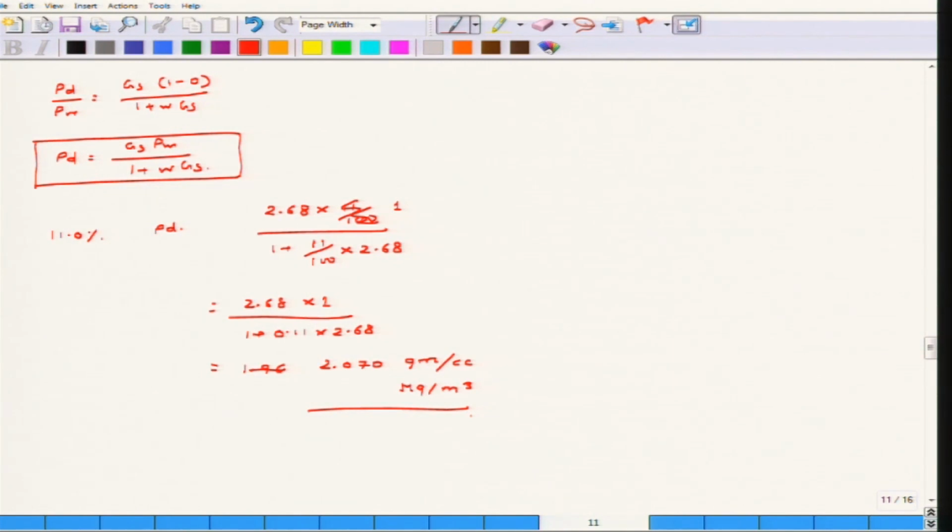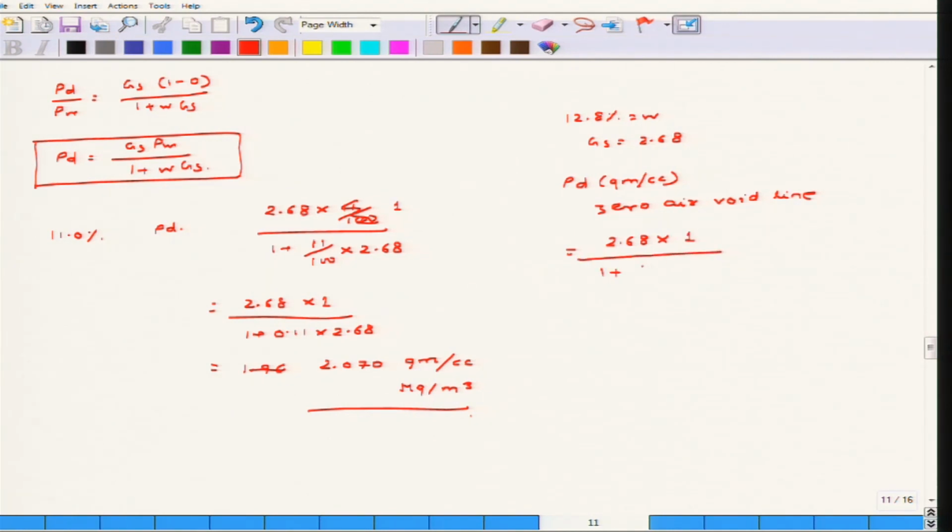Similarly, with another calculation, if it is 12.8% moisture content, W is 12.8%, GS is again given to be 2.68, then rho D in terms of gram per cc for the zero air void line would be equivalent to 2.68 into 1, because the density of water is 1 gram per cc, divided by 1 plus 12.8 by 100 into 2.68, which is nothing but 2.68 into 1 by 1 plus 2.68 into 0.128.